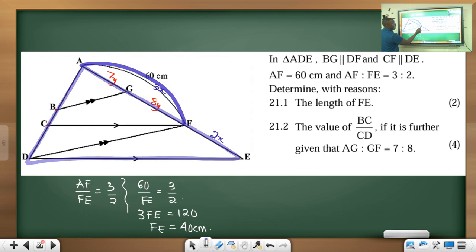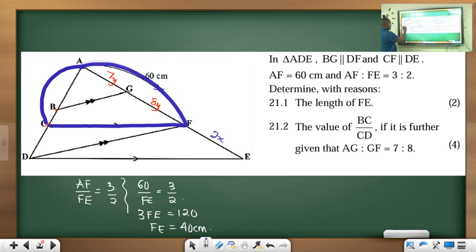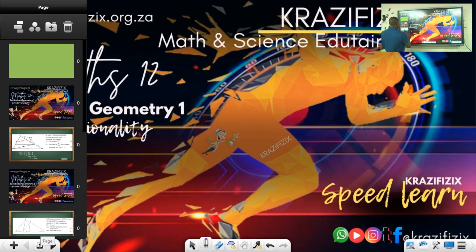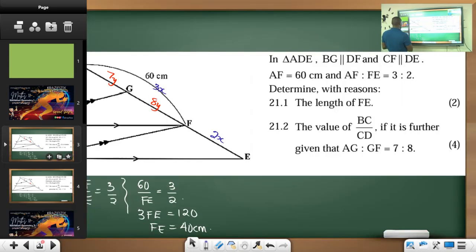So AF over FE will be, the same movement to the top to that line, AC, and FE is CD. Let me create a new page and start writing these ratios down as quickly as possible.